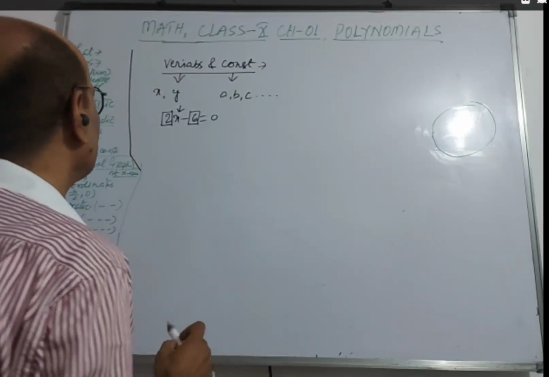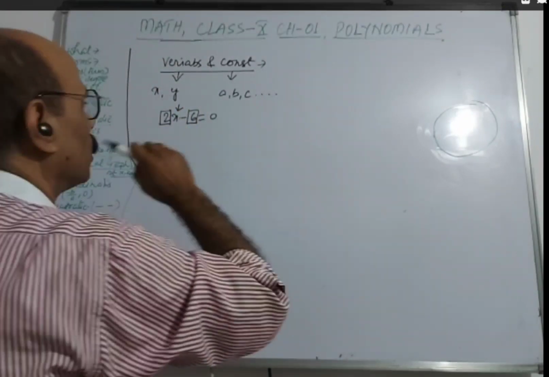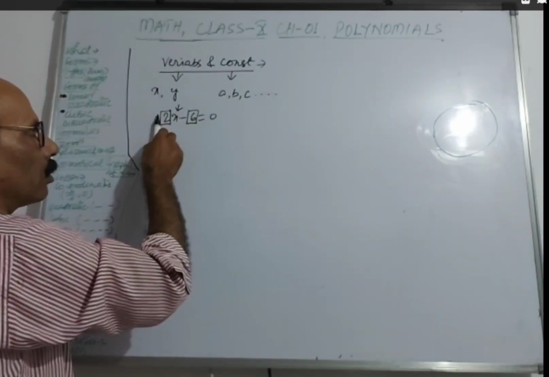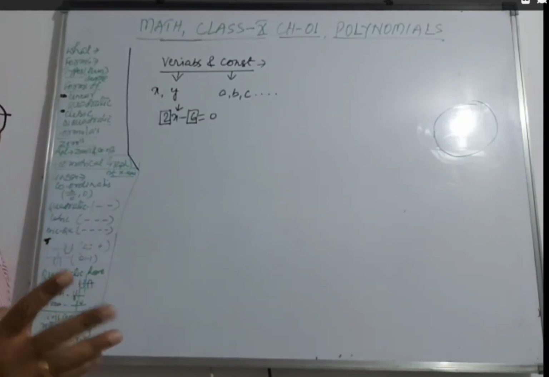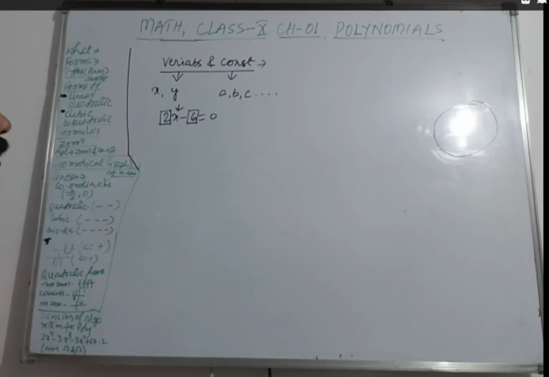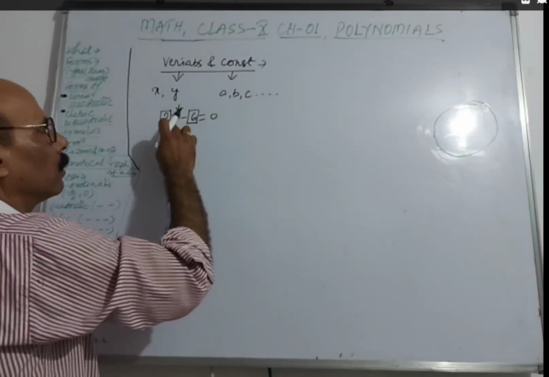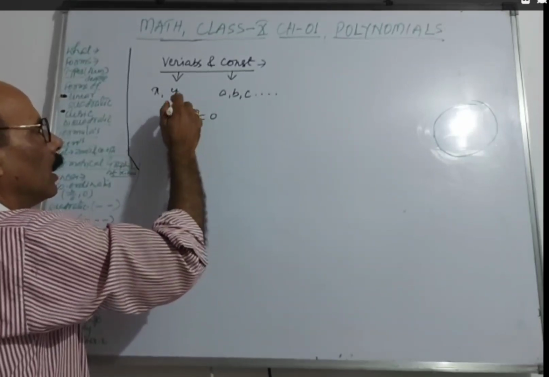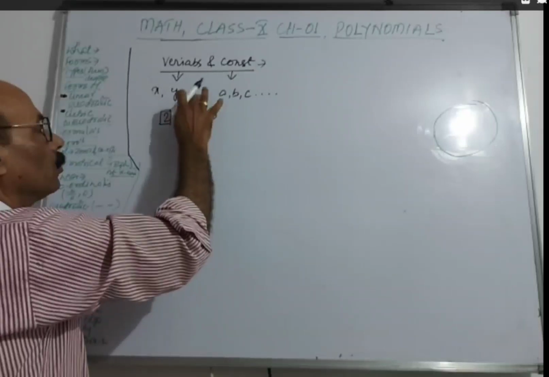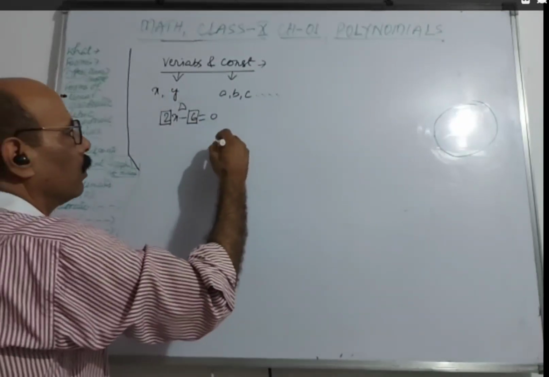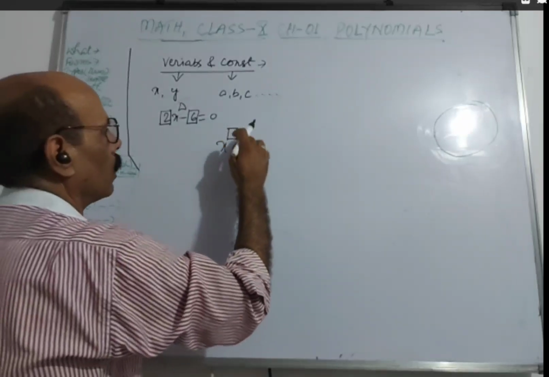In a polynomial, variable and constant have some different nature, and we have to first understand that. Variable will have an exponent, which means degree or power.